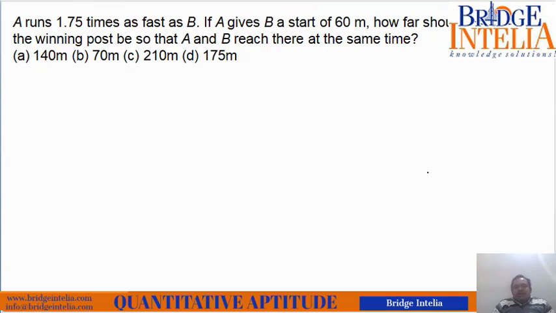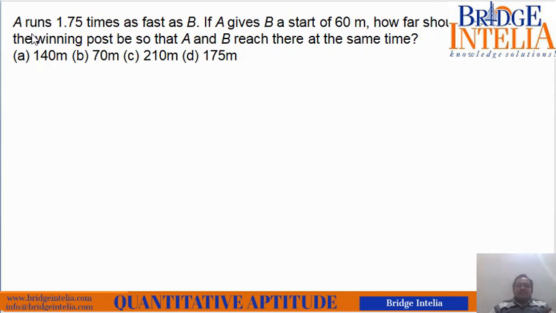Let's see this one. A runs 1.75 times as fast as B. If A gives B a start of 60 meters, how far should the winning post be so that A and B reach there at the same time? Now, as per the data given, A is a better runner.